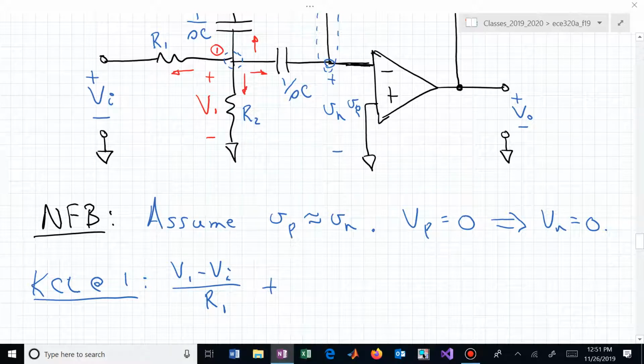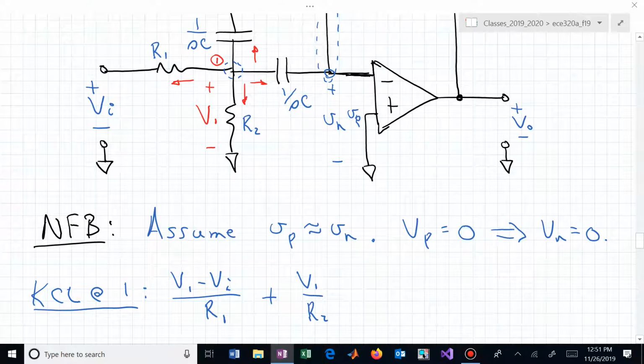Plus, let's work our way counterclockwise around that node. Now we have the current going down through that resistor. That one's fairly straightforward. Ohm's law gives us V1 over R sub 2.